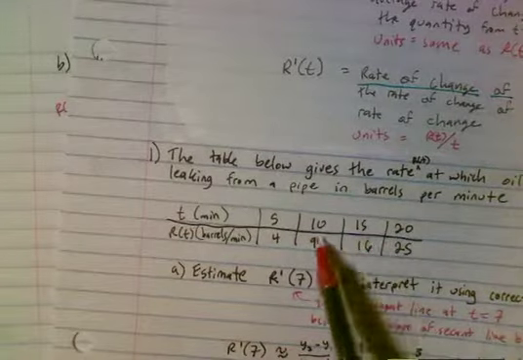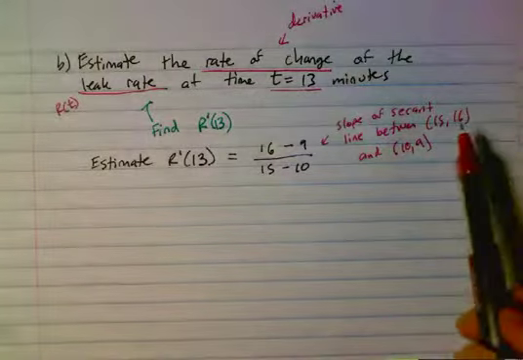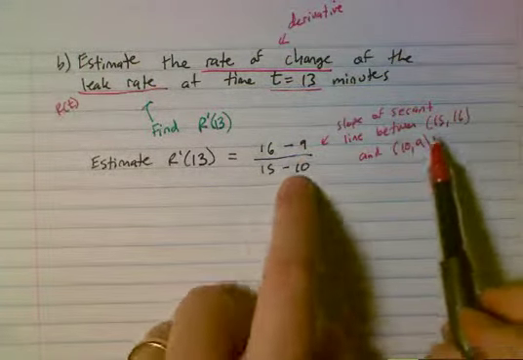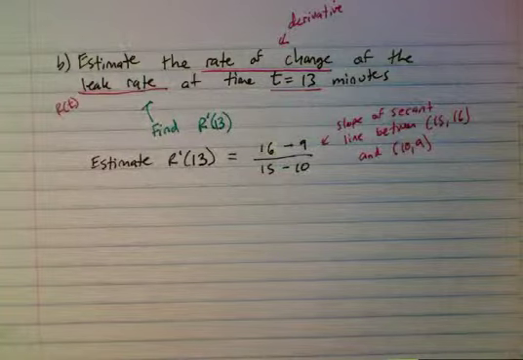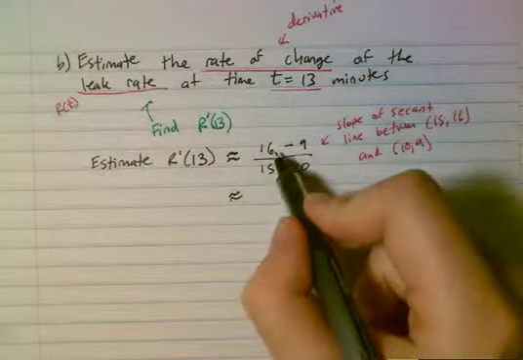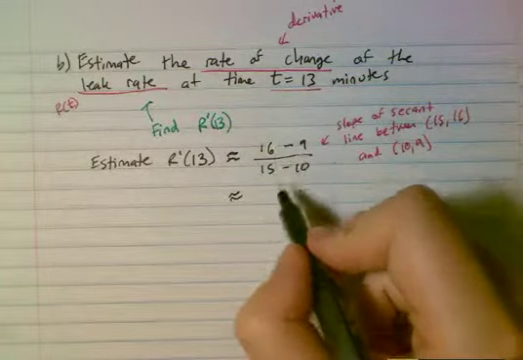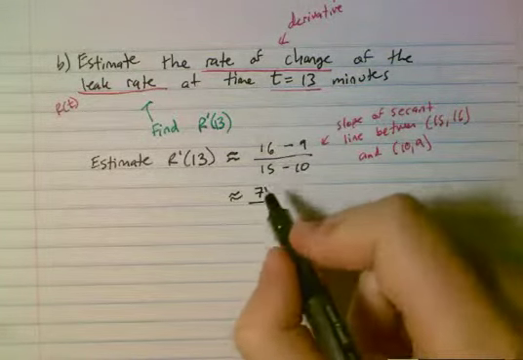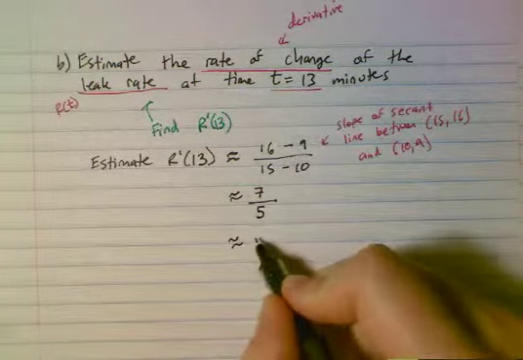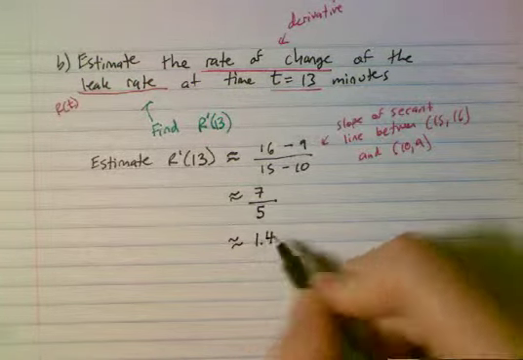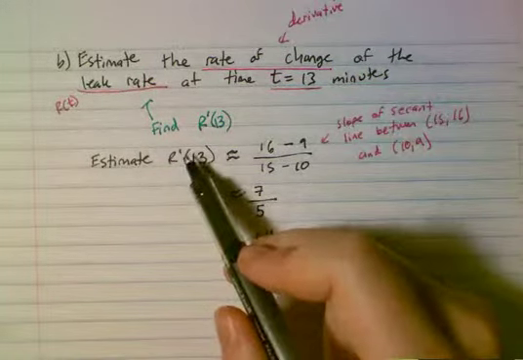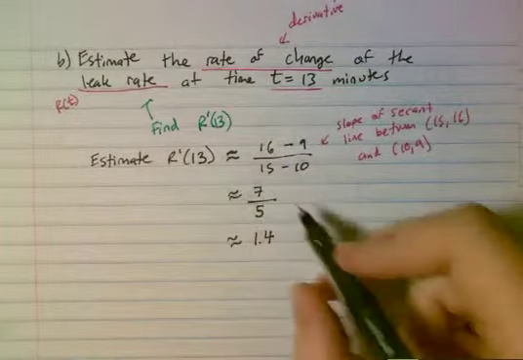So between this one and this one, let's make sure I set that up. Y minus y over x minus x. 16 minus 9 is 7 fifths, or approximately 1.4. And again, we have to figure out what the units are. So R prime is going to be R units divided by t units.